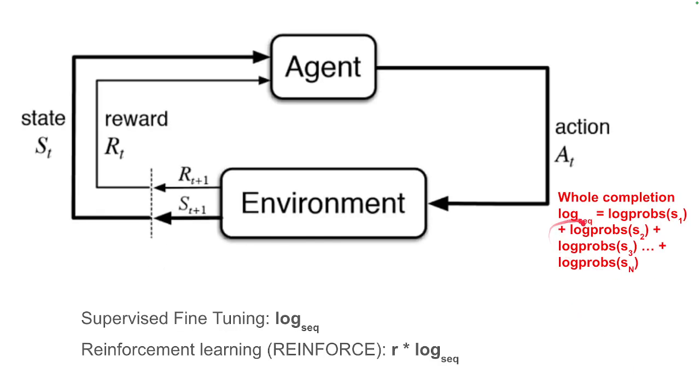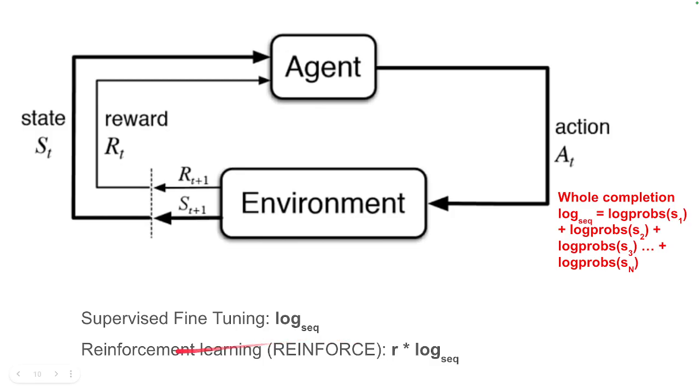So after we combine it, in supervised fine tuning, we optimize for this log of the sequence, which is the combination of these log probs. But in reinforcement learning, or REINFORCE, we weight the sum of the log probs by the reward given by the action.